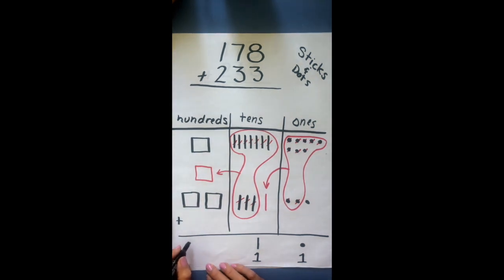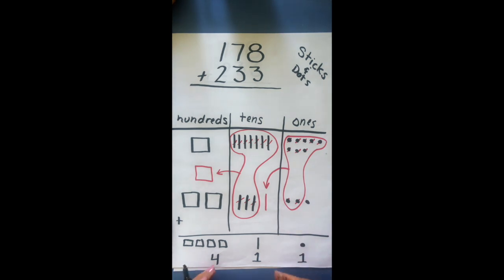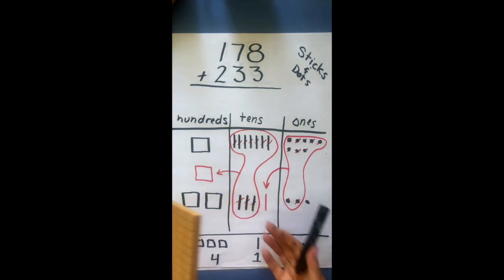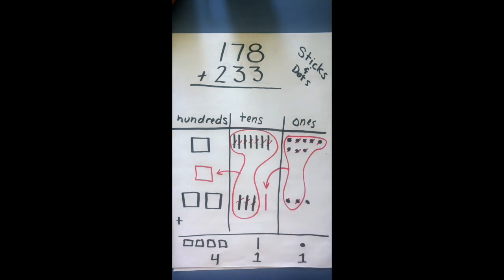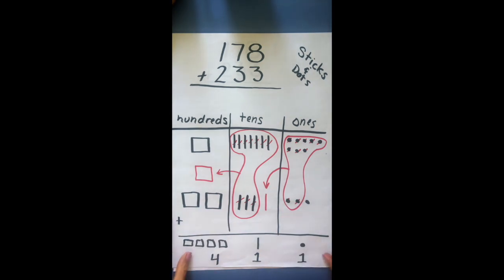So there's 4 of these. 1, 2, 3, 4, and I get the number 4. So 178 plus 233 again is 411. And I didn't need to have this, and my drawing is kind of cool. I like how it turned out almost better because I have a representation of the manipulatives.